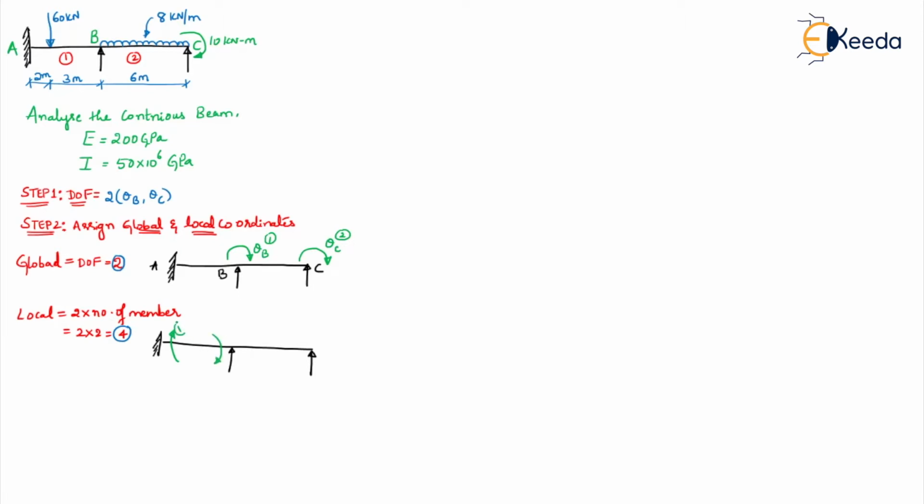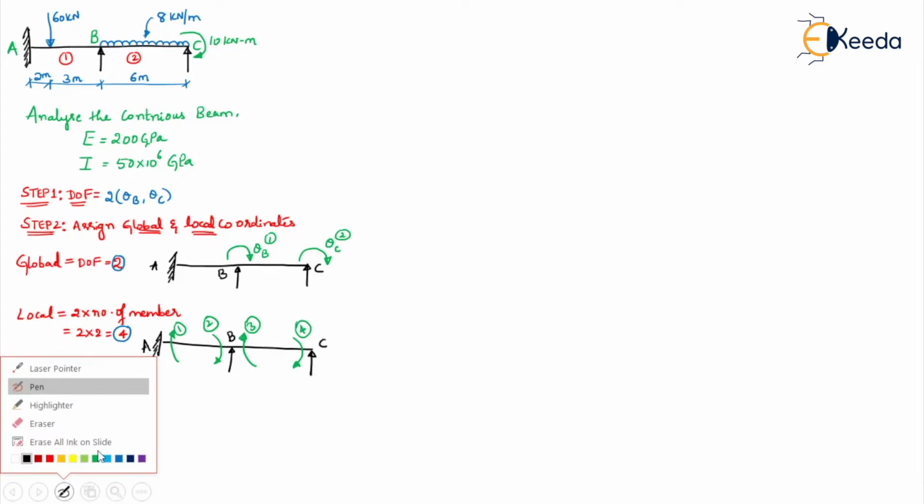So this is your first local coordinate and this is the second local coordinate. Here also I'll take it clockwise, so this is the third local coordinate and here it is the fourth local coordinate. So totally 4 local coordinates will be there. Be very careful when you're choosing the coordinates. This is standard, you have to choose like this only. As and when you practice more problems, it will be clearer for you.